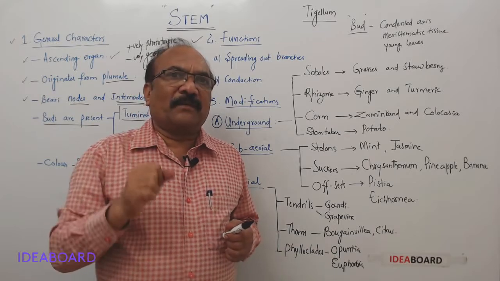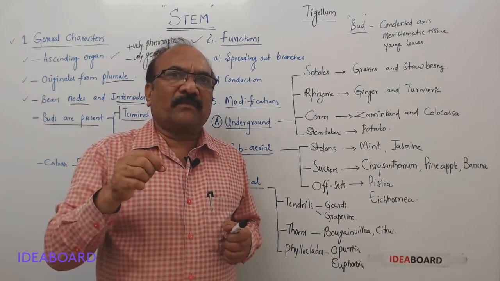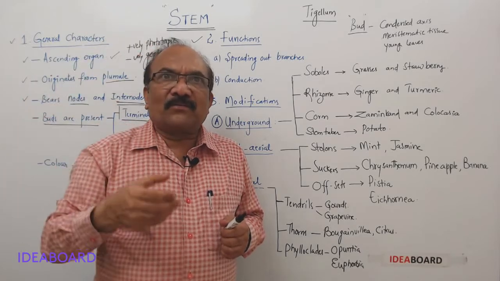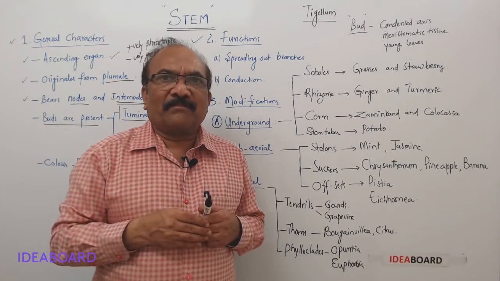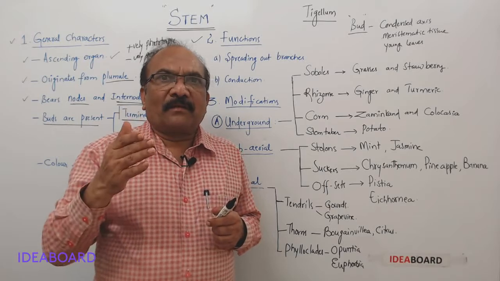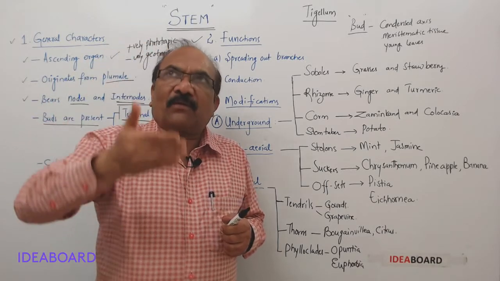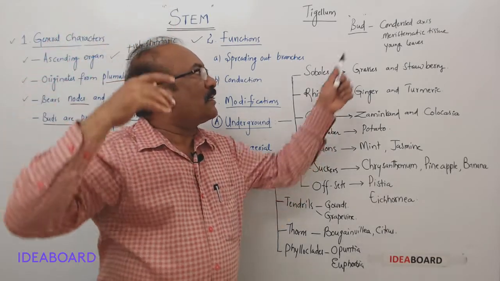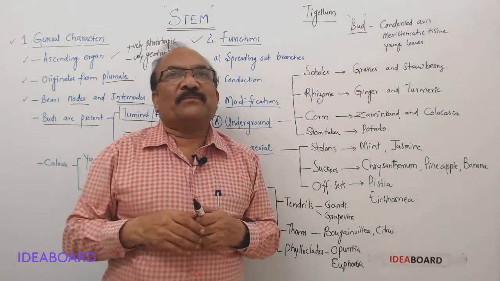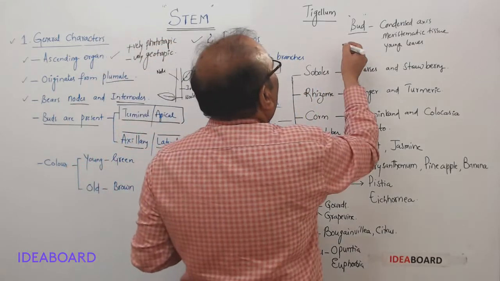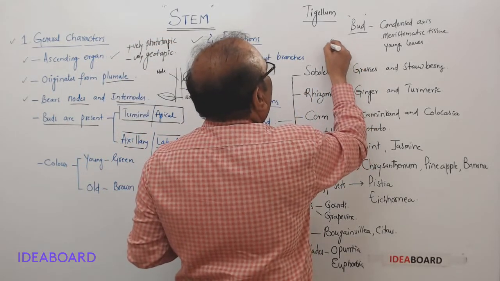The terminal bud, which is present at the tip of the stem, the main axis of the shoot system, will help in the growth of this stem because it has meristematic tissue. And what meristem is present in this bud? SAM.